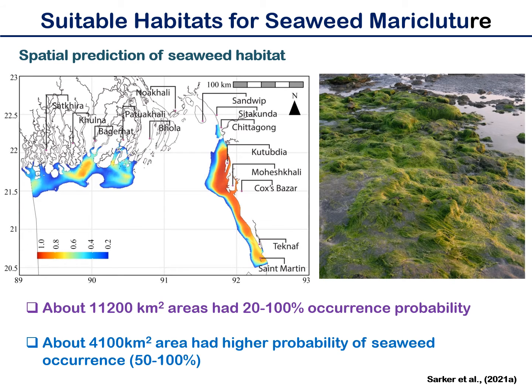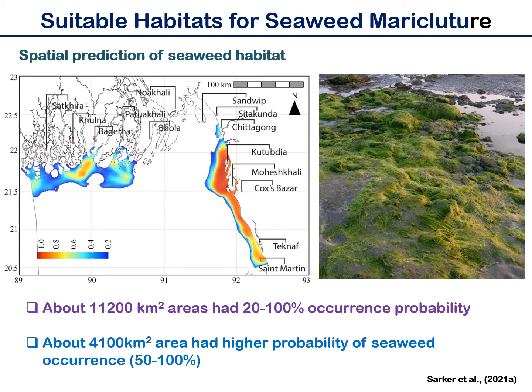And this is the spatial prediction of seaweed habitat. Here we can see about 11,200 square kilometers had a 20 to 100% occurrence probability of seaweed, and 4,100 square kilometers had the higher probability of seaweed occurrence, that is 50 to 100%.